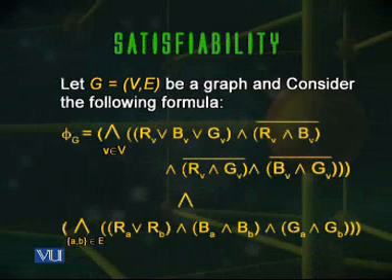Let's look at the second part of the formula. Let's break it down. Inside it, there's an AND over all edges of the graph, so it's saying this condition must be true for all the edges of the graph. And what's the condition inside the brackets? It says that if A and B were connected, then they cannot have the same color.